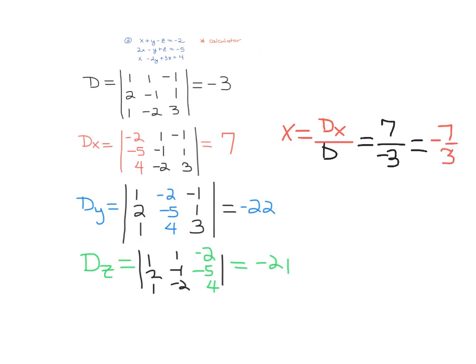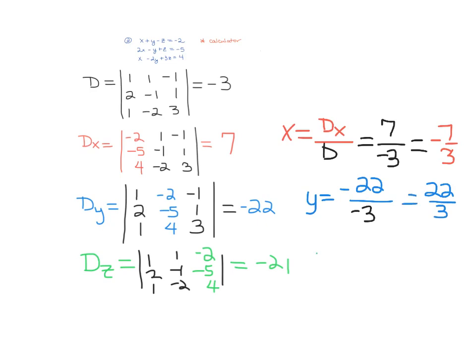Then y, -22 over D, which is -3. A negative and a negative, I'm going to simplify and make it positive, 22/3.